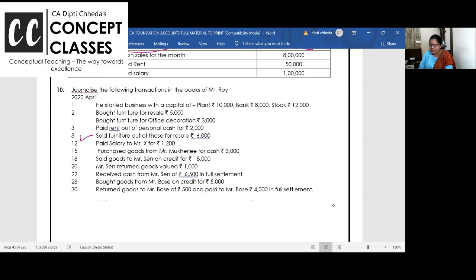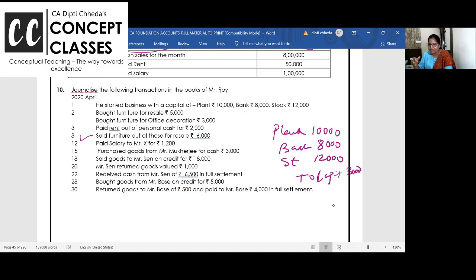He started business with a capital, Roy. Plant, bank, stock. So he is bringing the plant. Plant is a real account. If you want the first entry, I can show. Plant account debit 10,000, bank account debit 8,000, stock account debit 12,000, to capital account of Roy 30,000.